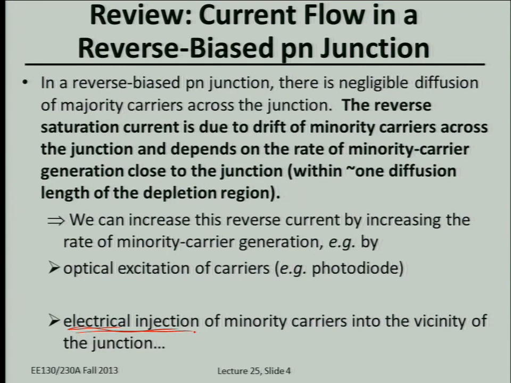The emitter is the PN junction that's emitting minority carriers into the base. As you increase the emitter voltage, how do you expect this collected minority carrier current to change? Exponentially, right? Because with forward bias you're exponentially increasing the number of minority carriers injected, and that means you're exponentially changing the current collected at the collector junction.